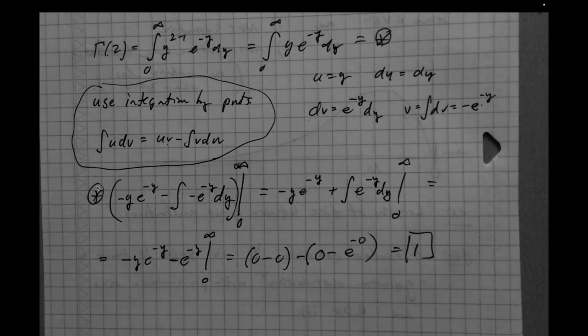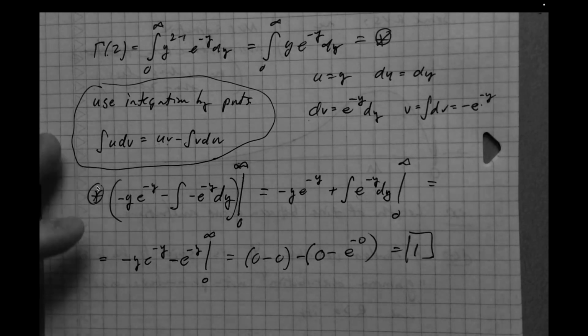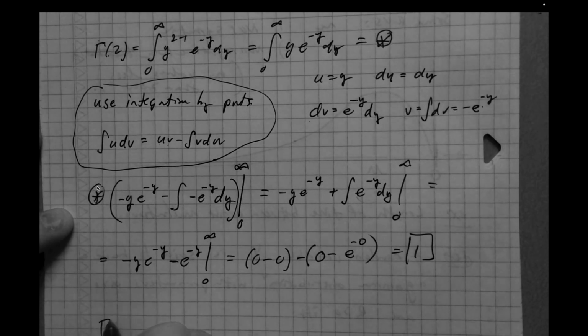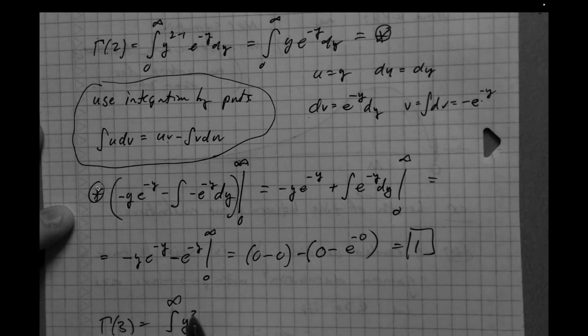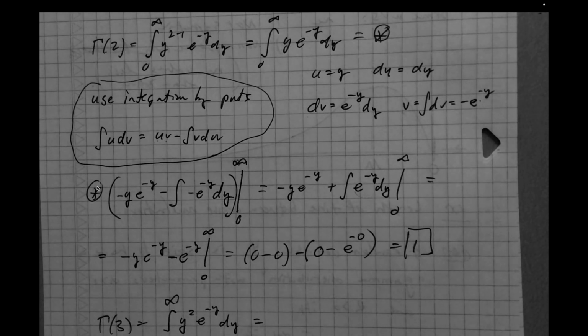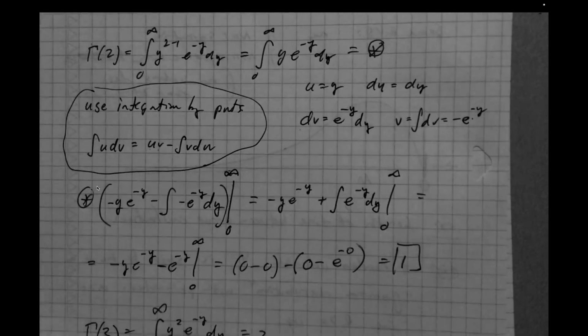Now, it turns out that there is a nice pattern to these, but they don't always equal 1. You could go on further and say, well, what's gamma 3? That's the integral from 0 to infinity of y squared e to the negative y dy. You'd end up with 2, actually. So what are the values of this?